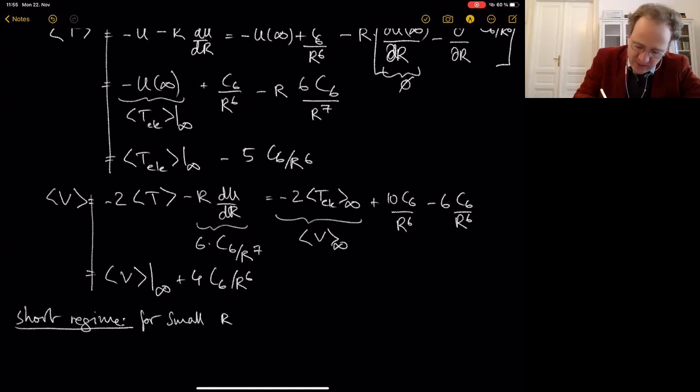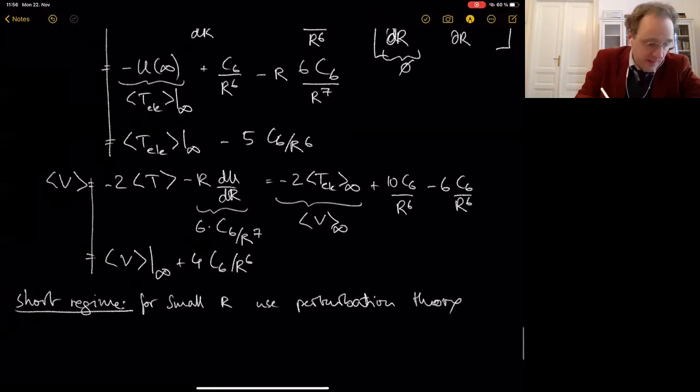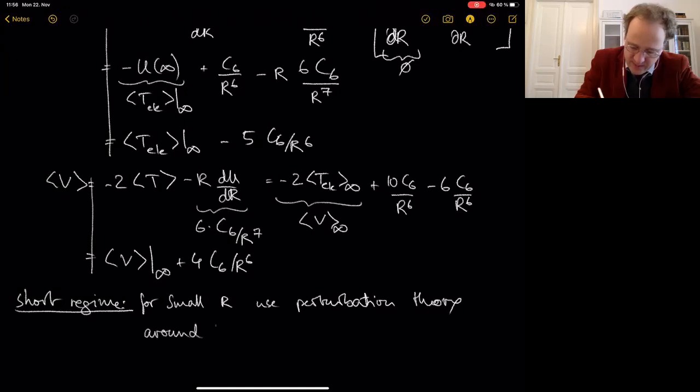So for small r, use perturbation theory around the united atom.